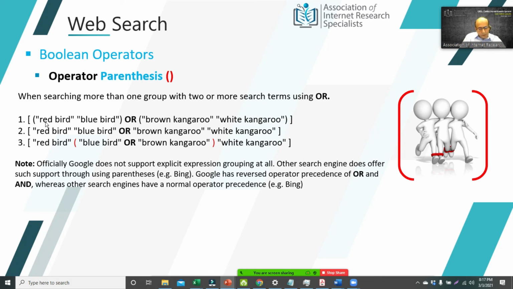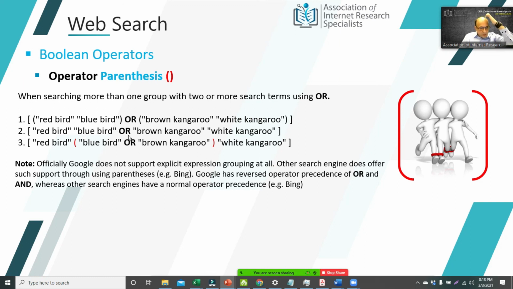See, so let's suppose you were to use parentheses and you put red bird or blue bird as one group, or brown kangaroo and white kangaroo in the second group, and you want to use the parentheses, it's not going to deliver. Why? Because it is going to convert it into two, and there is explanation and more detail in the book also.